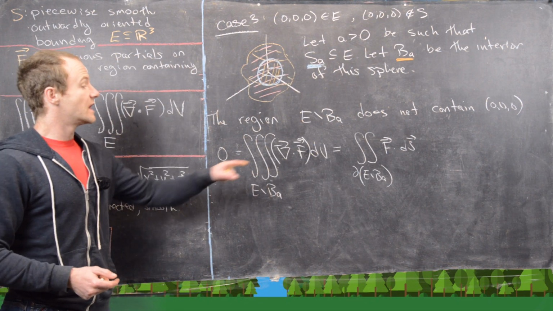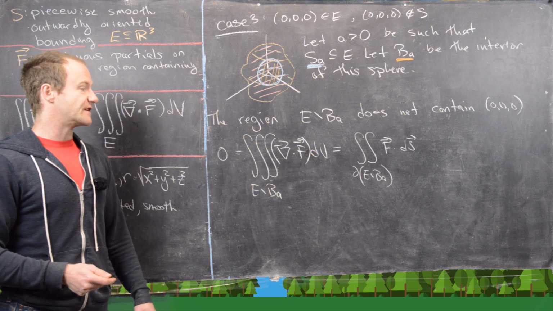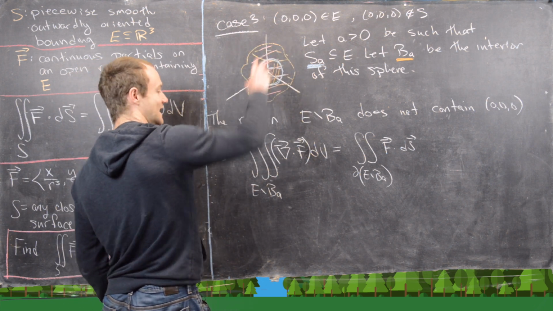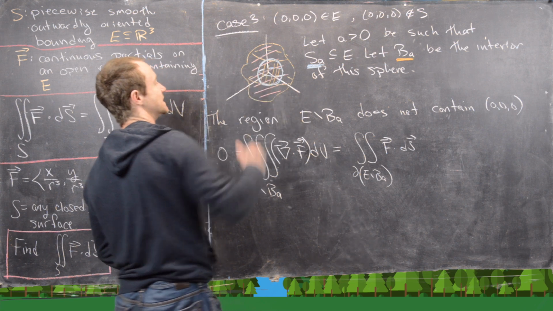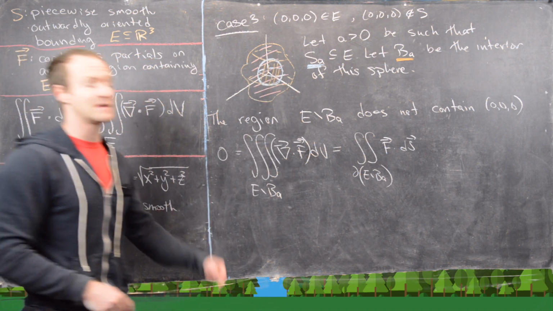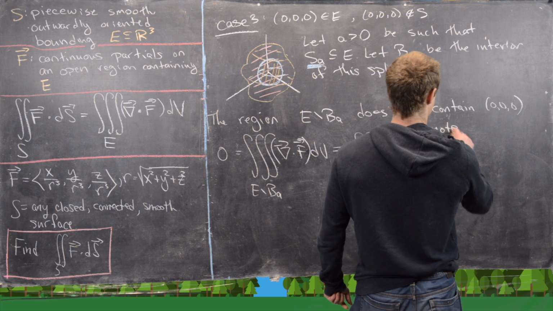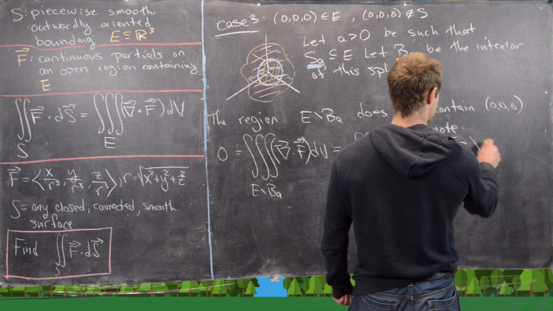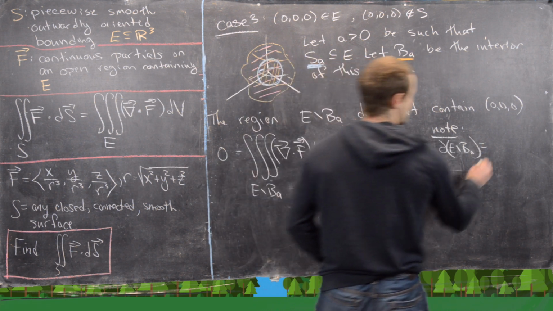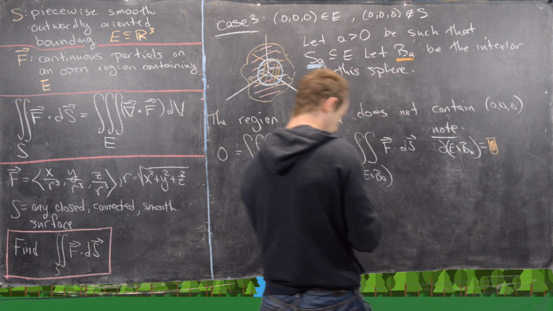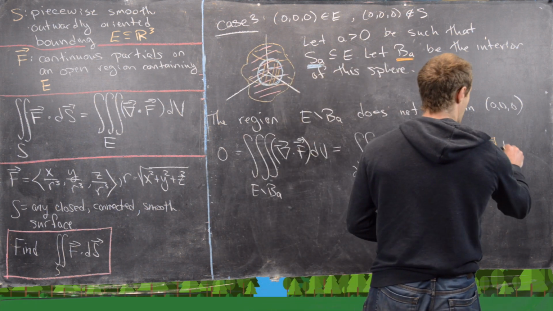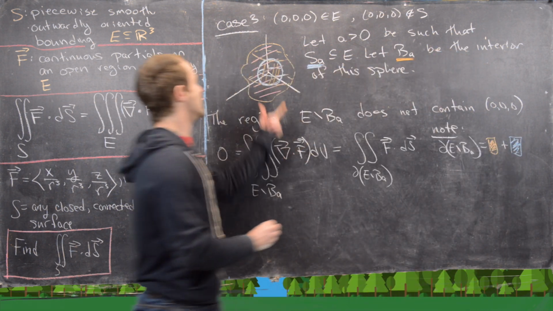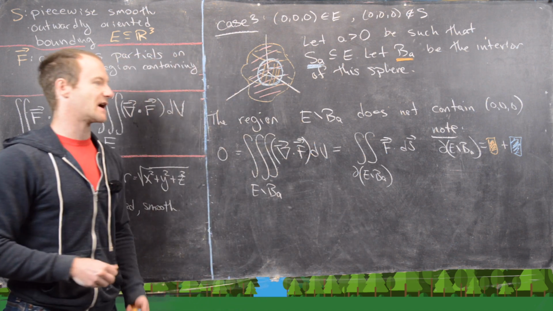Okay, good. So what do we have for the boundary of E minus BA? Well, that is going to be this outer surface S, and then this inner surface, which is blue. So let's notice that the boundary of E minus BA is going to be equal to this yellow surface, and then plus this blue surface. But nothing in between. The stuff in between is E minus BA.